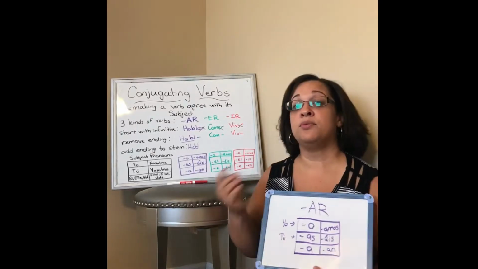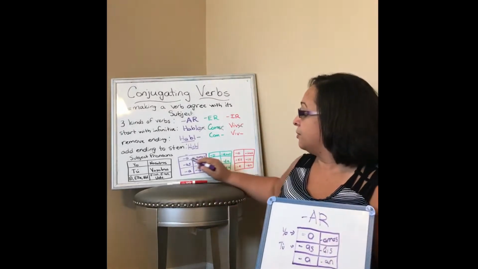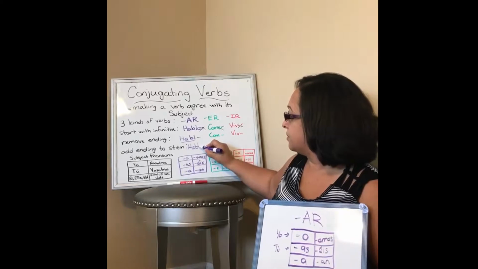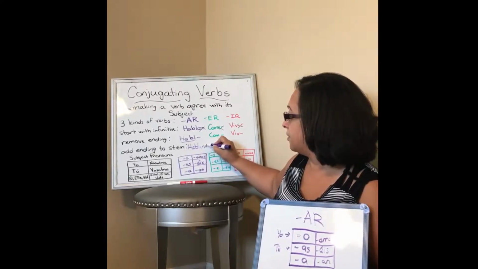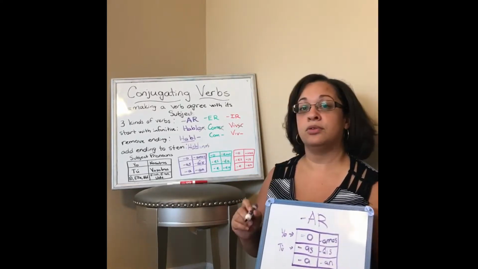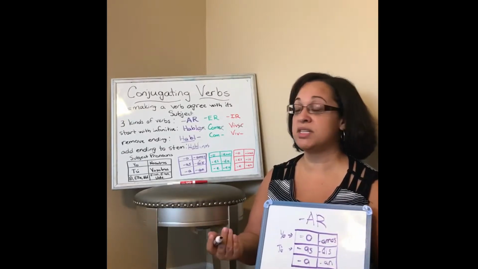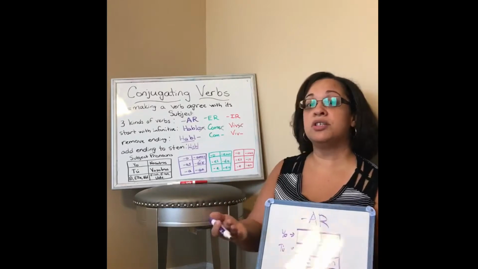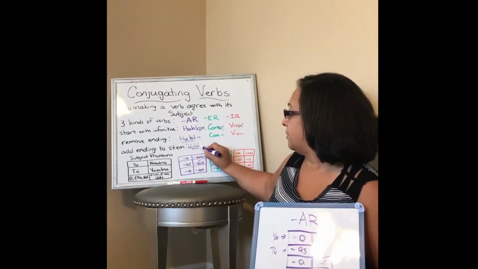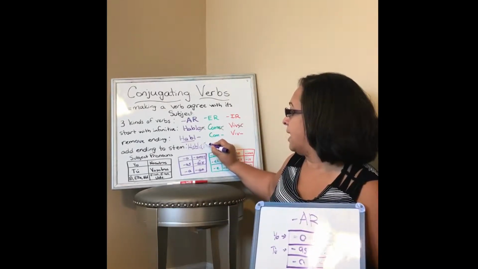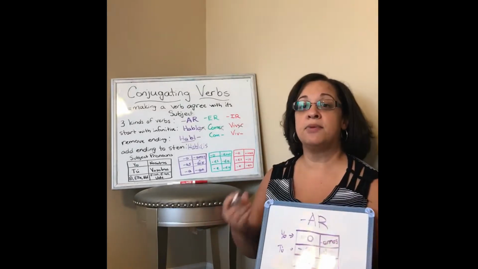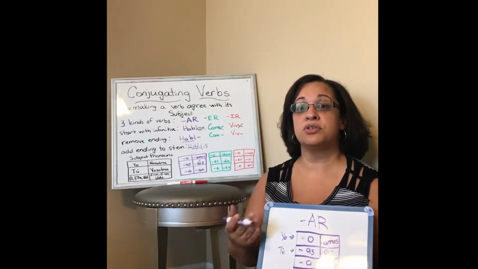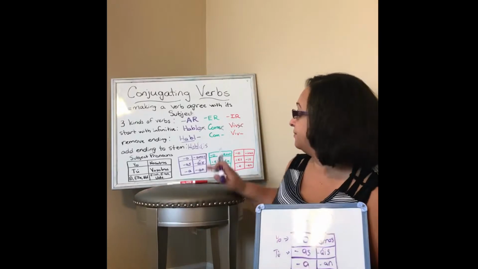If you want to say we speak, would be nosotros. So this would be hablamos. Nosotros hablamos is we speak. Vosotros, y'all speak. That would be habláis. So vosotros habláis, you all speak.